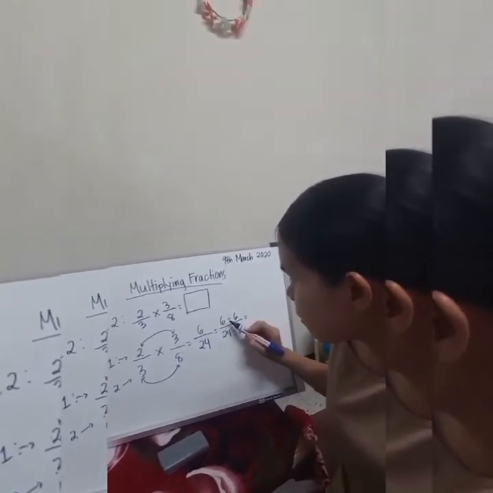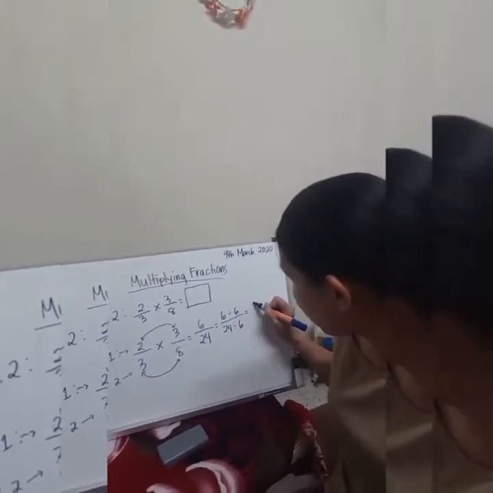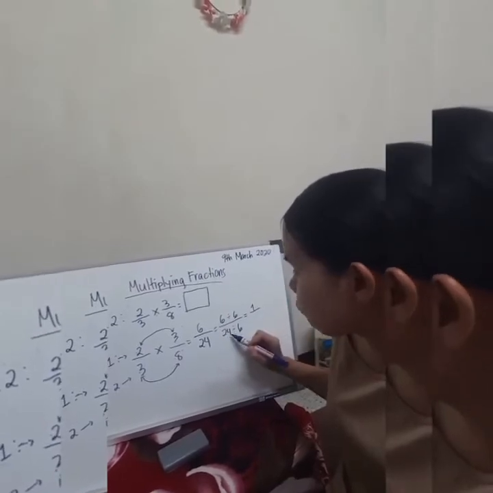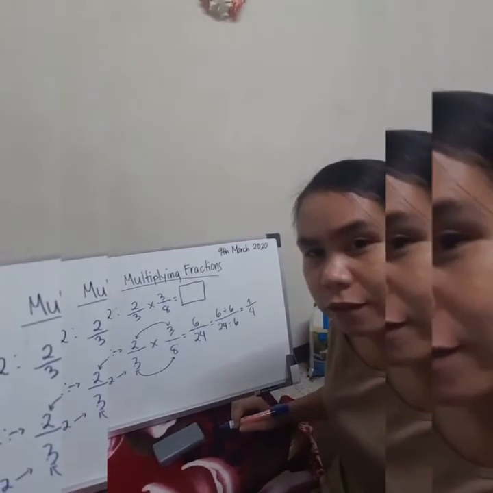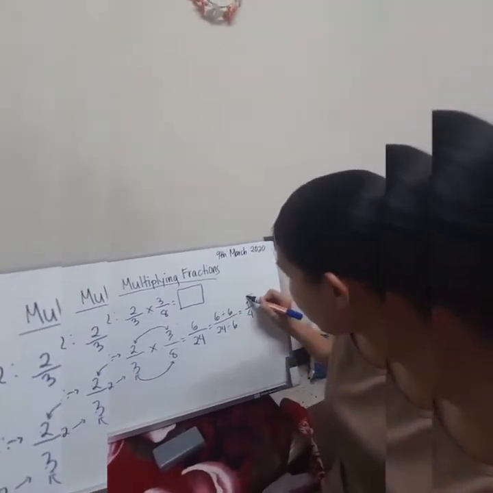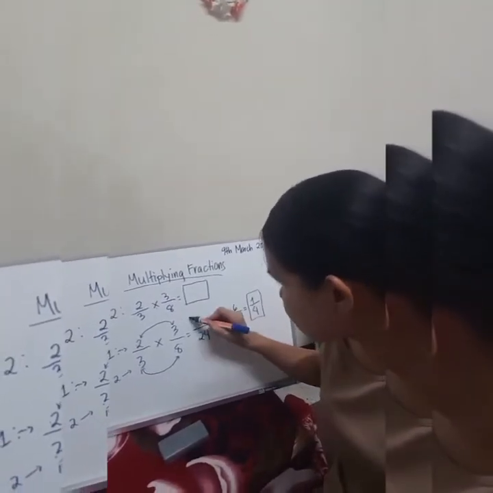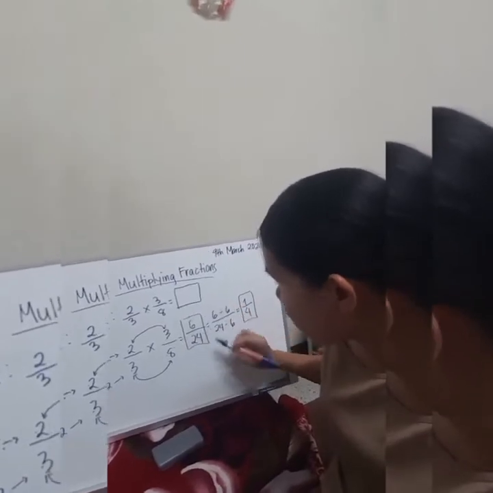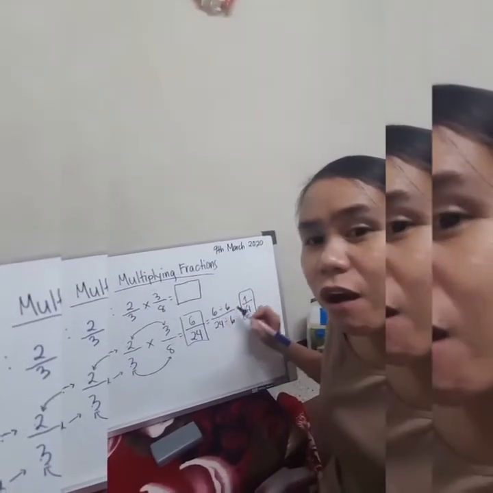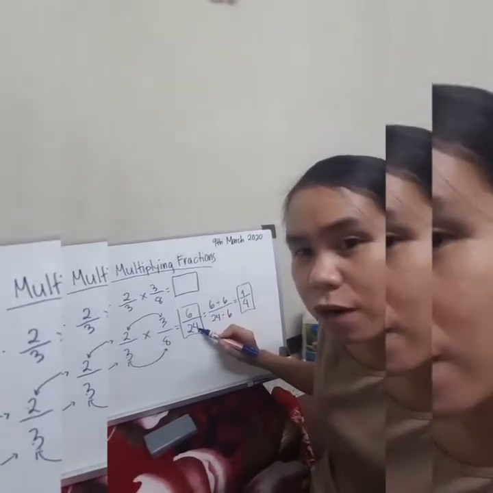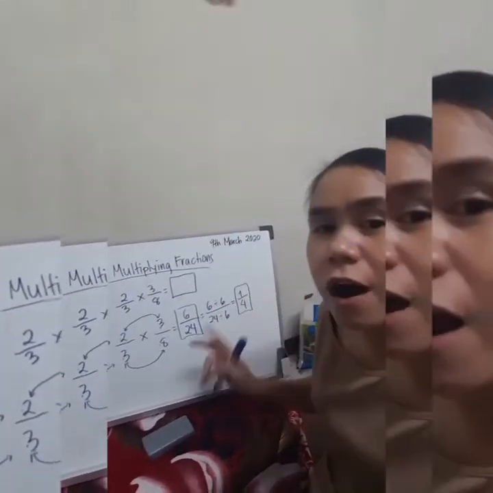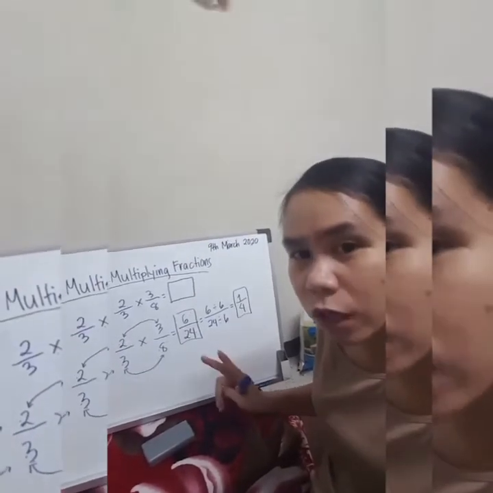So 6 divided by 6 equals 1, 24 divided by 6 equals 4. So 1/4 and 6/24 are equal.